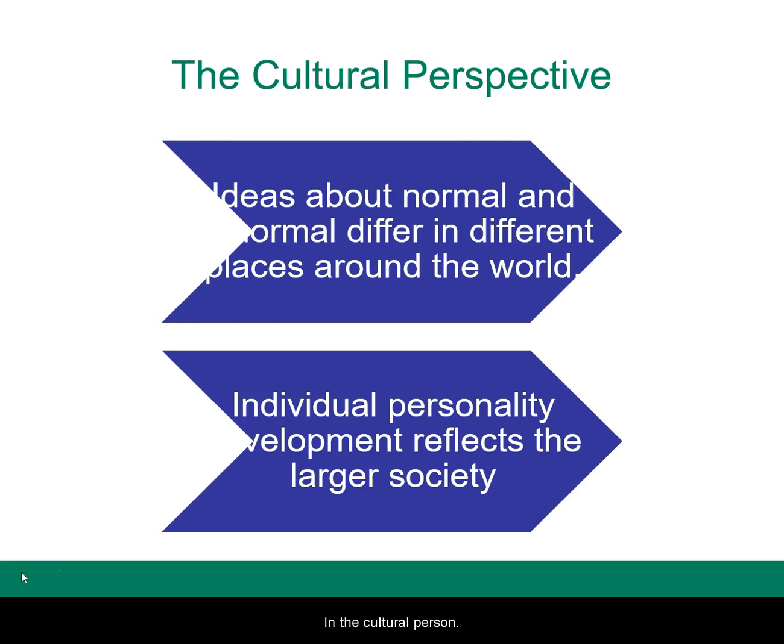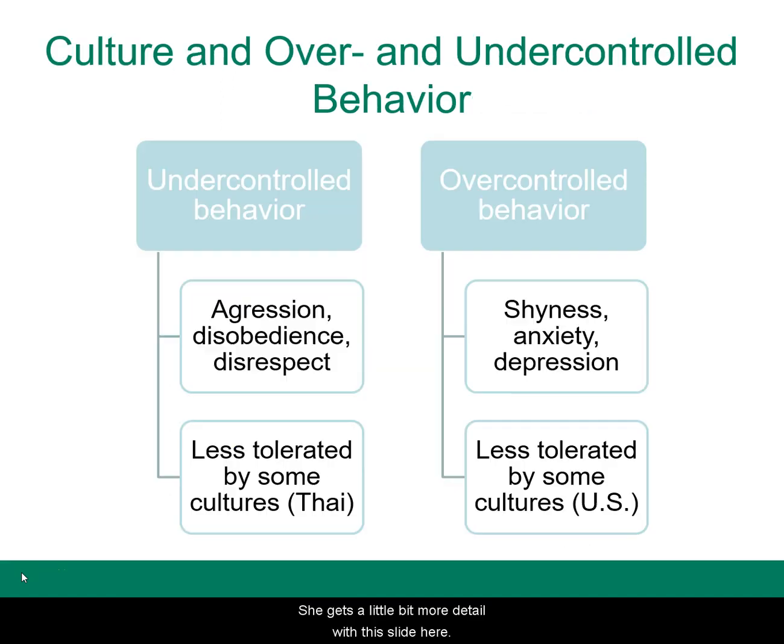And then the cultural perspective. Ideas about normal and abnormal differ in different places around the world, and individual personality development reflects the larger society. We'll see this in a little bit more detail with this slide here. Oftentimes, if we look at undercontrolled behavior, things like aggression, disobedience, disrespect, some cultures tolerate that, some cultures just do not.